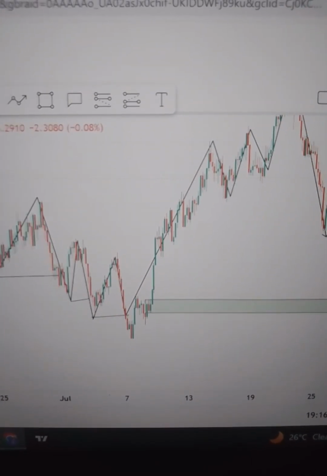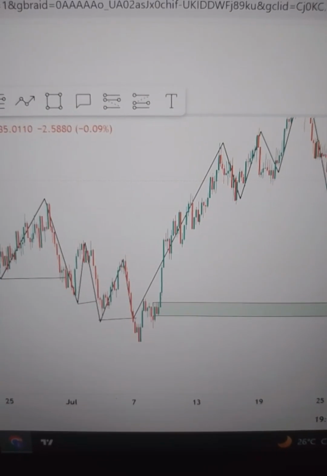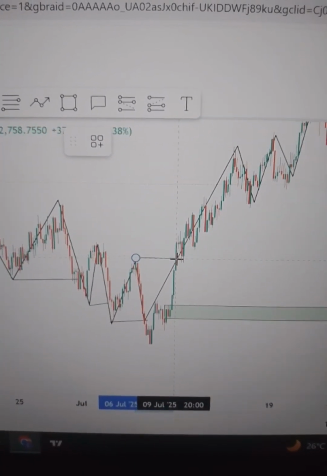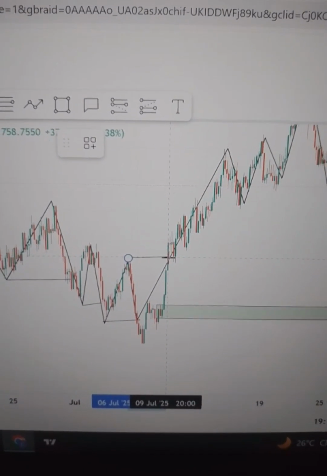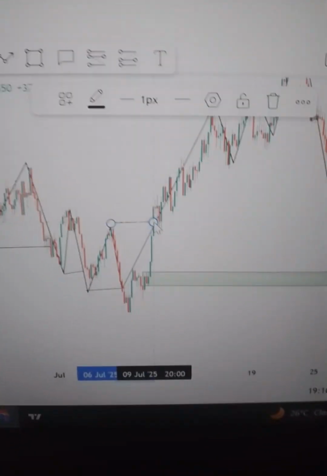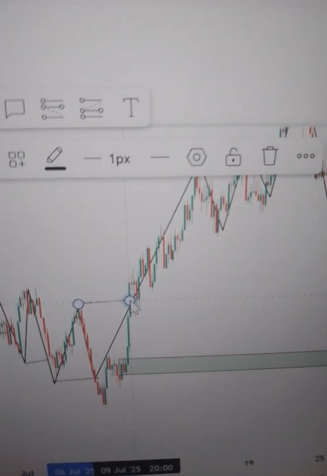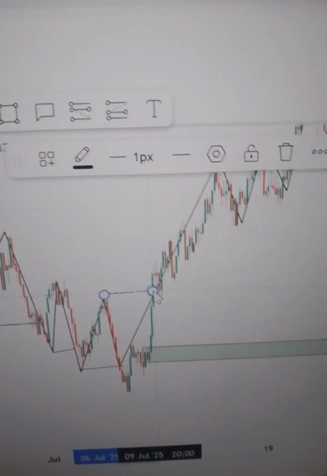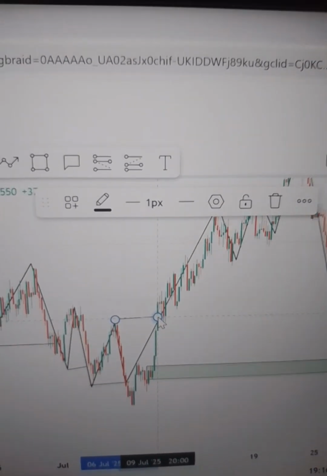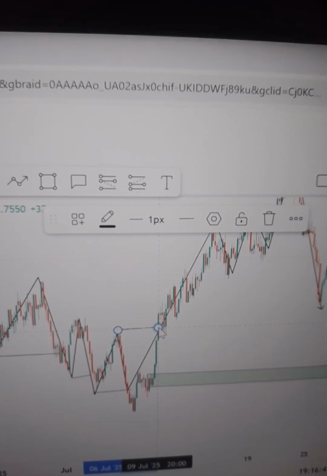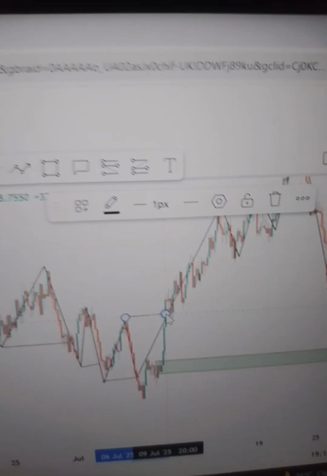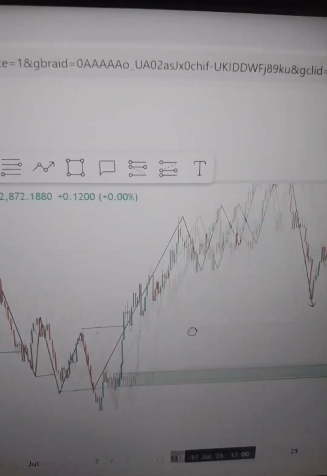So now the market has broken here. I also teach you guys about break of structure and MSS, what they mean, like the real definition, and what they require: the market structure, the MSS and the CHOCH.